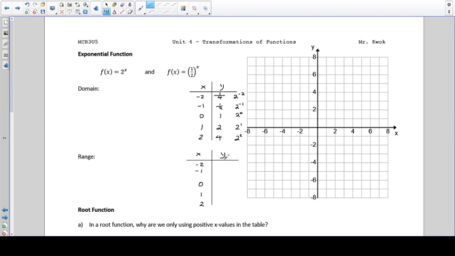All right, let's create the table values for this exponential function over here. So if we have an x value of 0, we have half to the power of 0. Anything to the power of 0 is 1. Okay, half to the power of 1, that's going to be 1 over 2. Half to the power of 2, this is going to become 1 over 2 to the power of 2, aka 1 over 4.